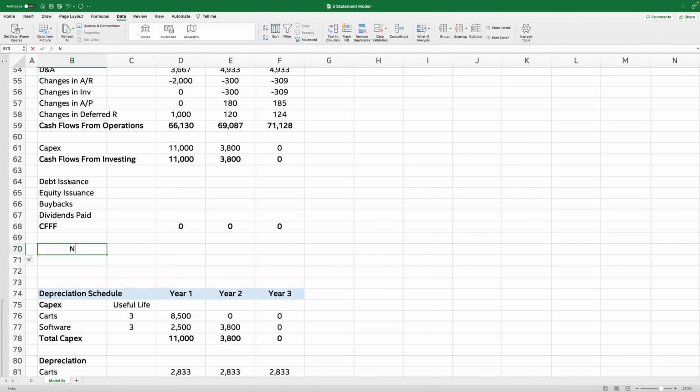So there's zero cash flow from financing. But now we need to calculate the net cash increase, which is going to be cash flow from operations plus cash flow from investing activities plus cash flow from financing. And free cash flow is cash flow from operations minus CapEx, but it's actually this one.